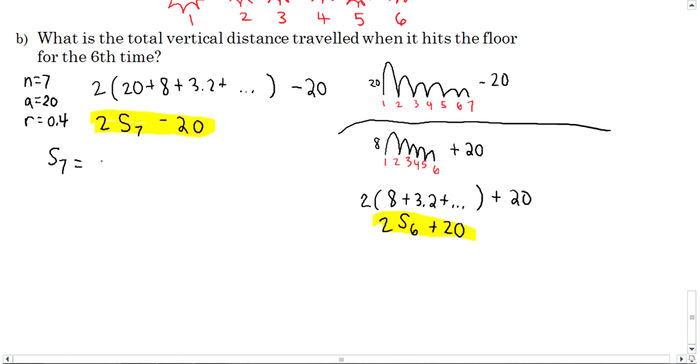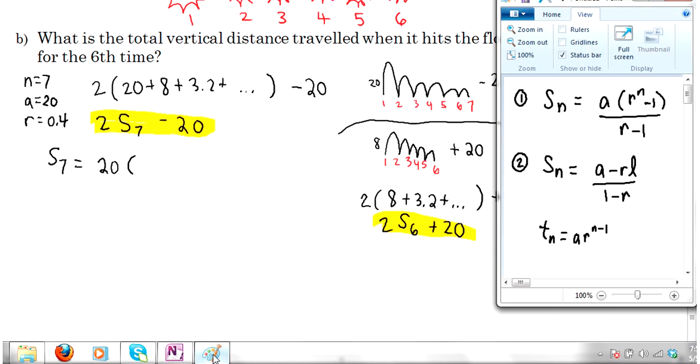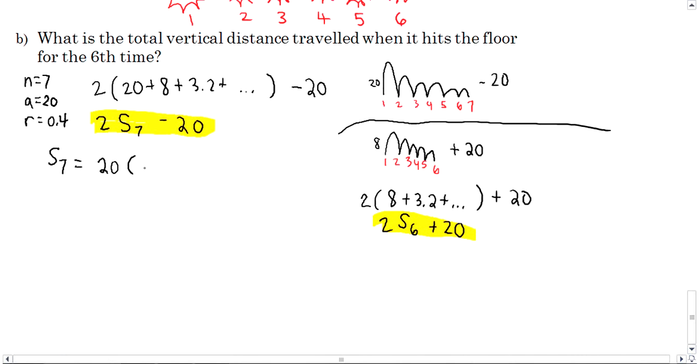So A is 20, I'm just going to plug it right in. What was the formula? R, so 0.4 to the power of 7, minus 1, over 0.4 minus 1. You do all this math, and you get 33.27872.